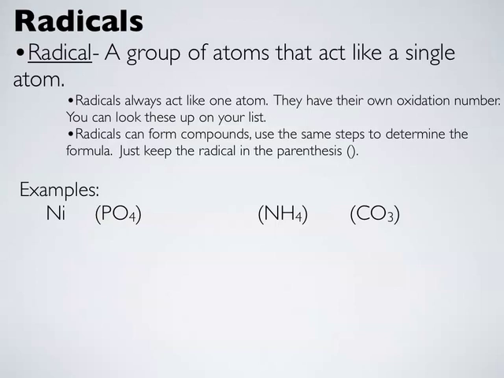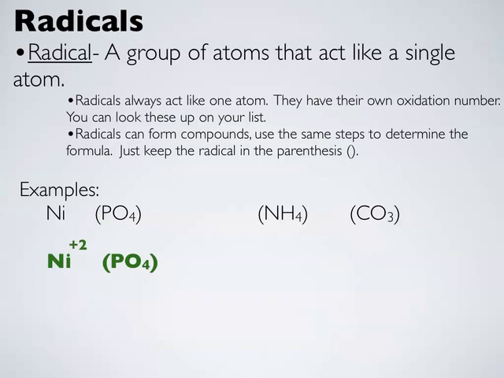So, for example, nickel, is that an atom or a radical? It's an atom. Go ahead, look it up in your periodic table. How many valence electrons does nickel have? 2. Okay. So what is its oxidation number? +2.